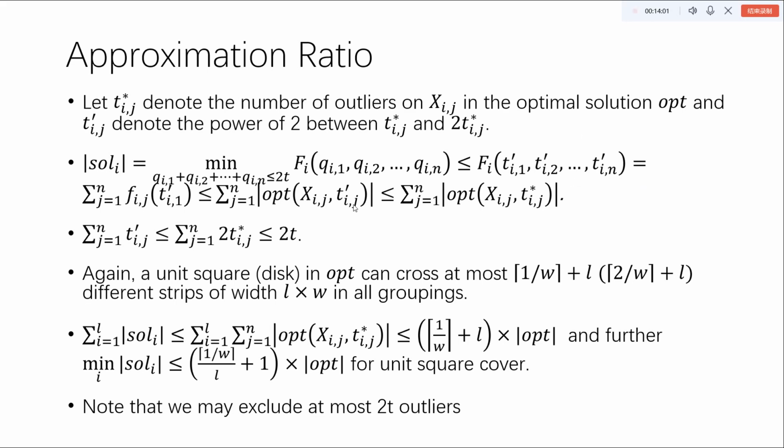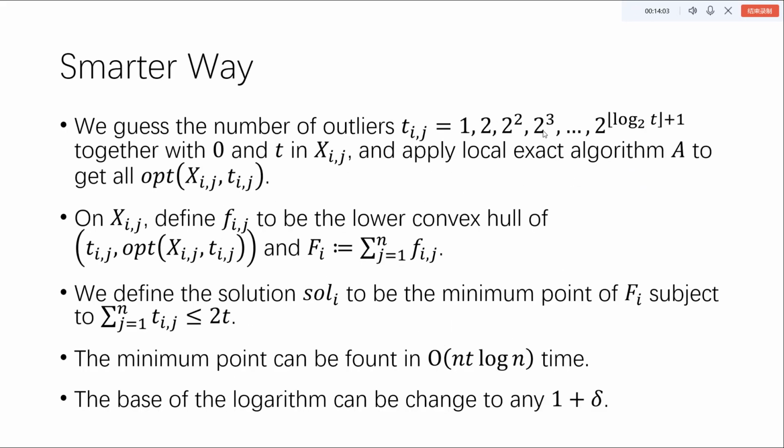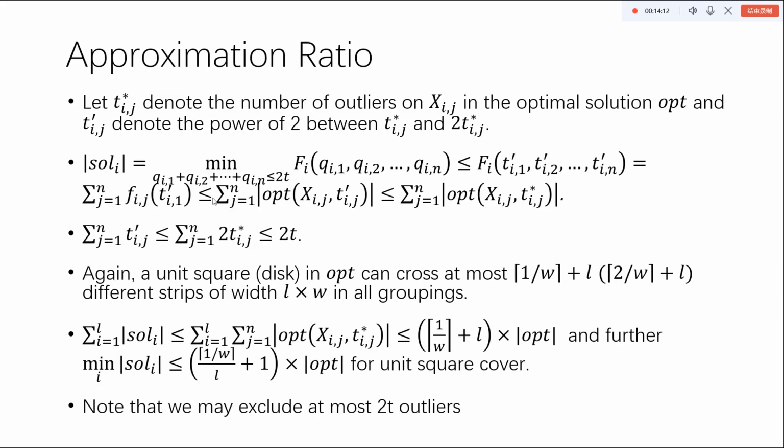And remember that for each power of 2, we get a solution OPT Xij Tij. So we have this equation here, and this equation and this inequality here.